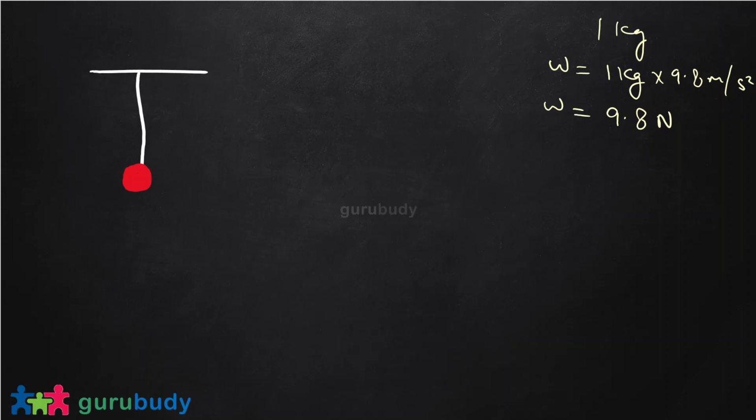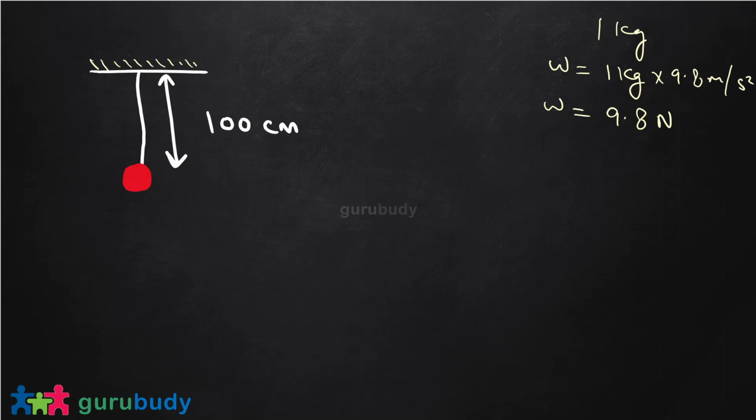So that's going to be the weight of the stone. Now this is all connected to the top. So this is a rubber string. Because of the weight of the stone, this string would be tight, and let's say this is extended. So the extended length of the string is about, let's say, 100 centimeter.